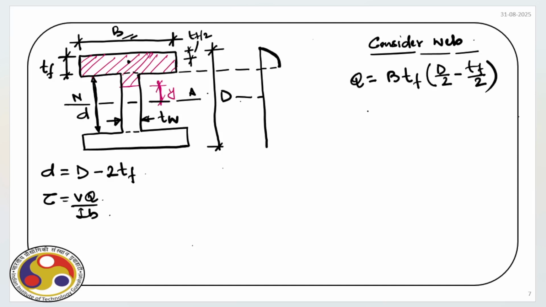So that is the first part. For the second part, width is TW and this depth, we can write the expression. So that is D by 2 minus TF minus y.